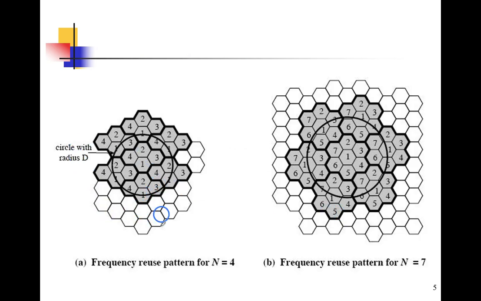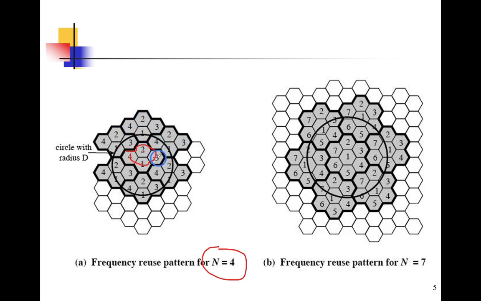If you look at this one, we use N equal to 4, meaning the size of the cell pattern: 1, 2, 3, 4. Look at the pattern over here.